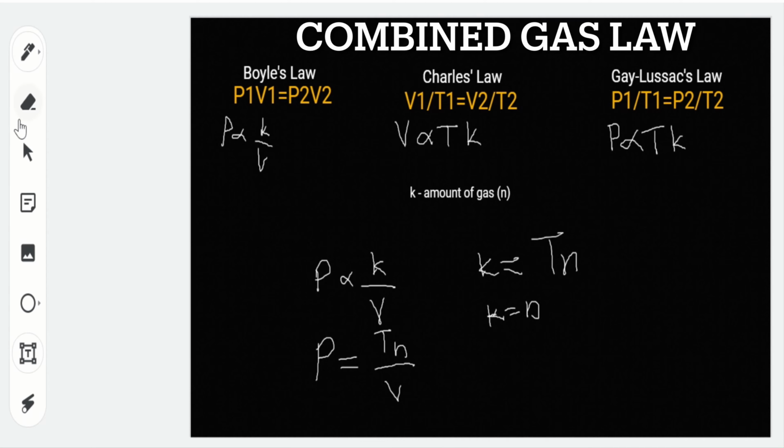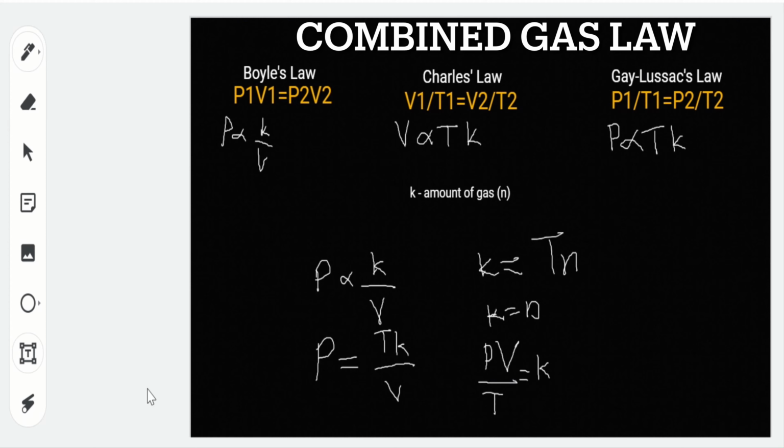So let's just replace it here. Let's replace it by this symbol, K. Again, the only constant would be the amount of gas. So we can simplify this where pressure times volume over temperature is equal to K, constant.